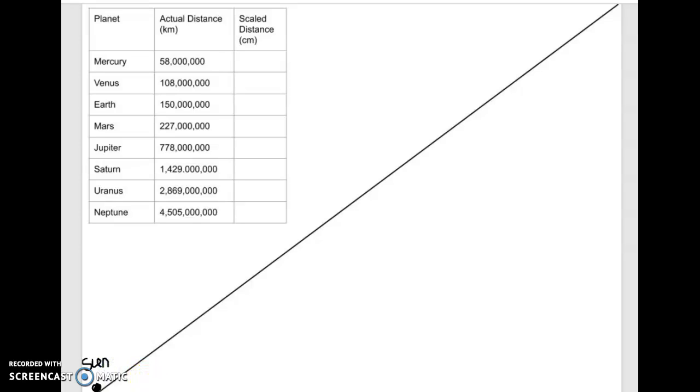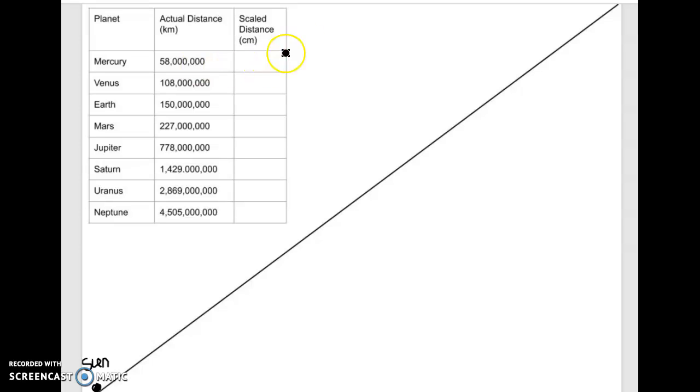All right, then in order to scale this down, we have to take the actual distances of each planet from the sun. So Mercury is 58 million kilometers from the sun, and we want to scale that down into something that fits onto one sheet of paper.